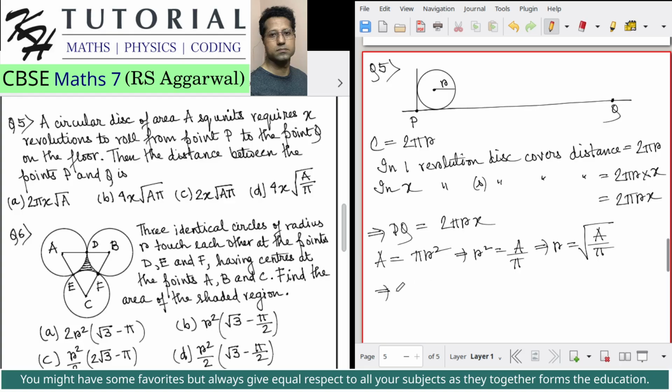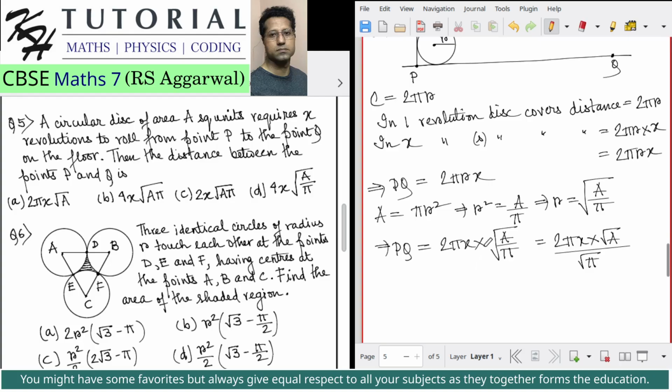So now the distance covered PQ is equal to 2 pi x multiplied by r, which is square root of A by pi. This is equal to 2 pi x multiplied by square root of A divided by square root of pi.